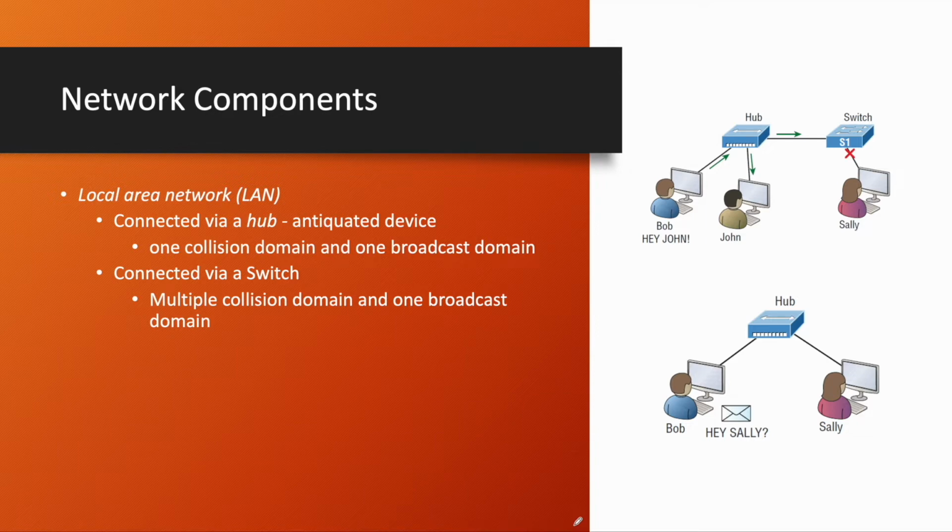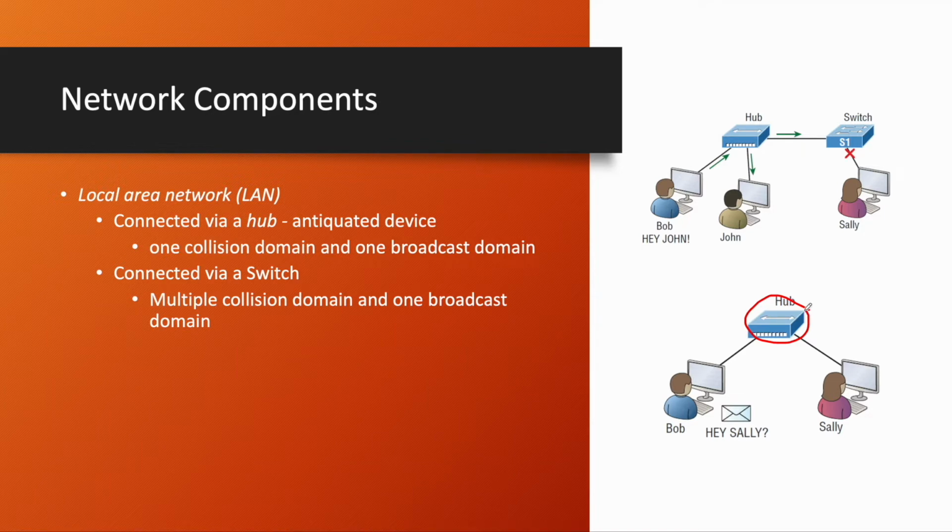If you look at the local area network, it's connected via a hub. You can see here, this device is called a hub. Local area networks were initially connected via a hub, which is basically an antiquated device which just connects wires together.